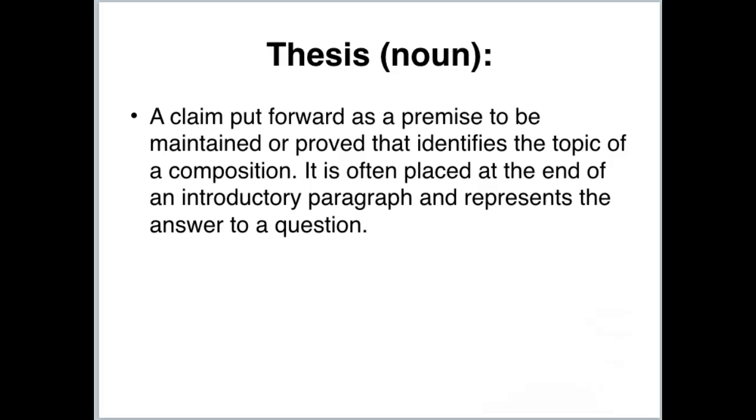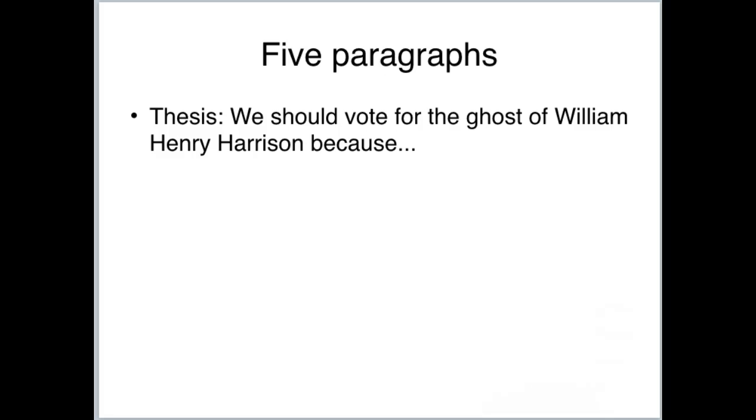Now, with regard to the 5-paragraph essay, which I reference in this page and in this lesson, what I want you to think about, and I choose here the Ghost of William Henry Harrison because we have a claim here, we should vote for him.